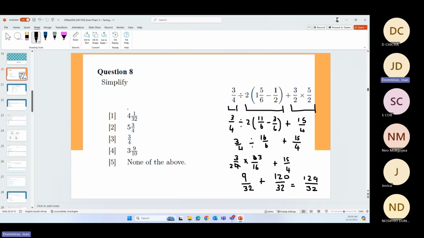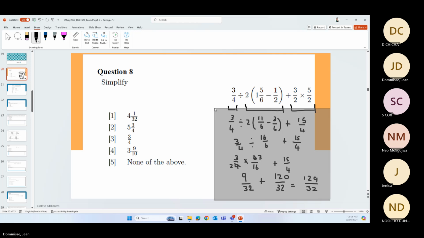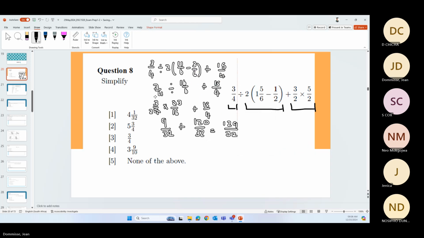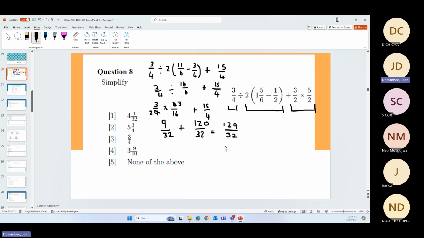And then we say, okay, nothing at the moment, so let's simplify that a bit. Let's quickly move this to the side so that we can go on with it. Okay, so when we say simplify, I will say 129 divided by 32 on your calculator. I will not try to work out how many times that goes in there.